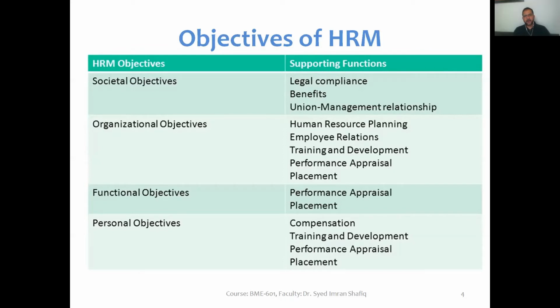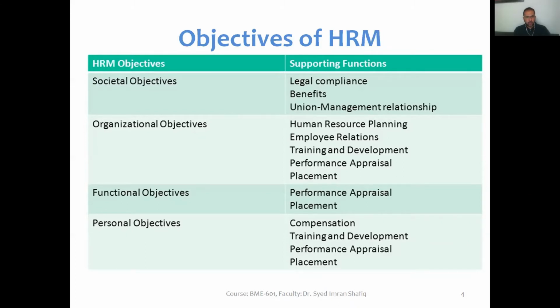How can a company benefit the society? It is also under human resource management. And how is the relationship between the union and the management, and or the workers and or the employees and the employers? So to make this relationship cordial, it is the function of a human resource management department of a company.